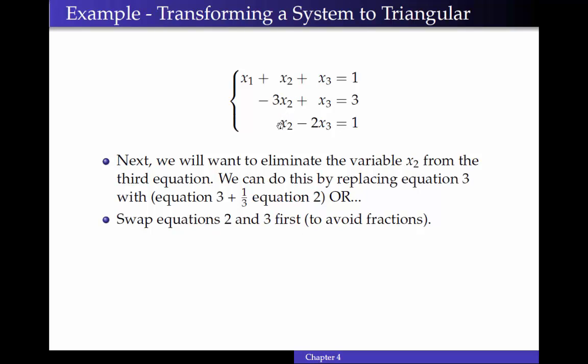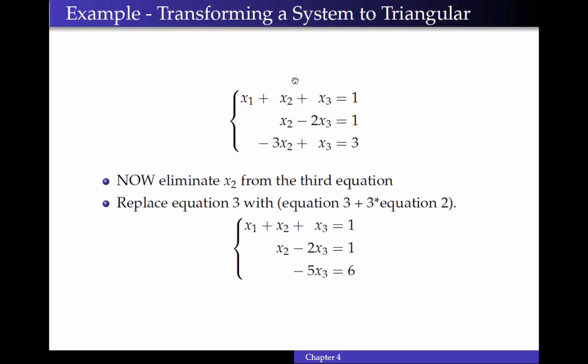And then I'd be eliminating the negative 3x2, which would be easier to do. So by swapping these 2 equations, you can see what I mean. Eliminating this negative 3x2 is much easier, because now I just have to add 3 times equation 2 to the bottom equation.